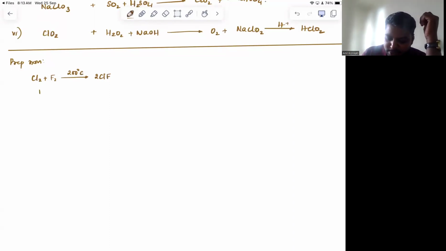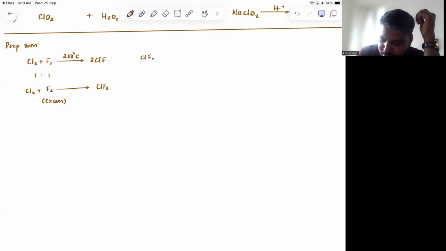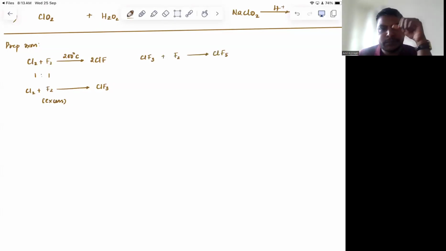The ratio should be 1 is to 1. If F2 is in excess, then it will form ClF3. Got it? And if ClF3 plus F2 is given, then it will become ClF5. Got it?